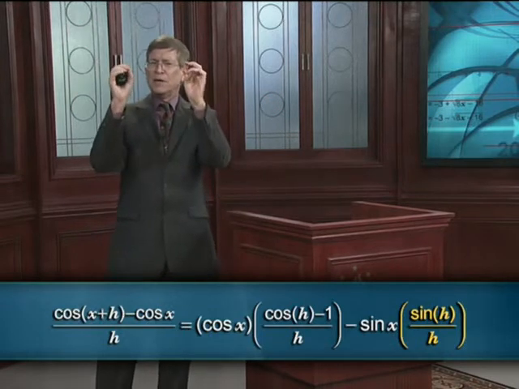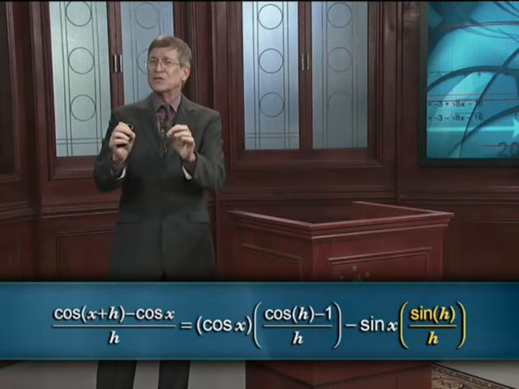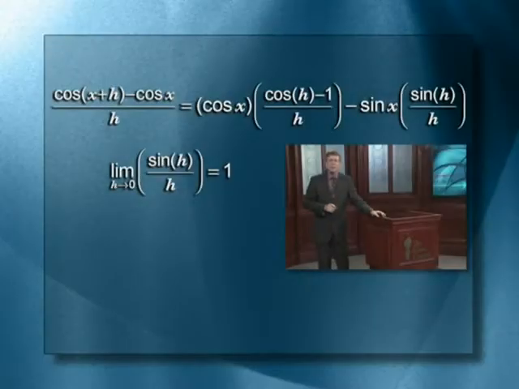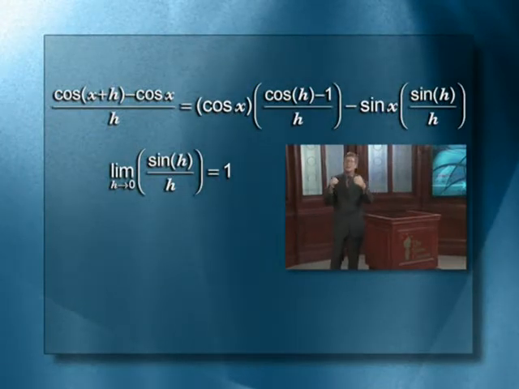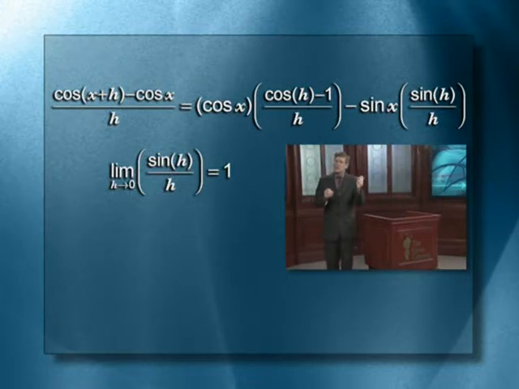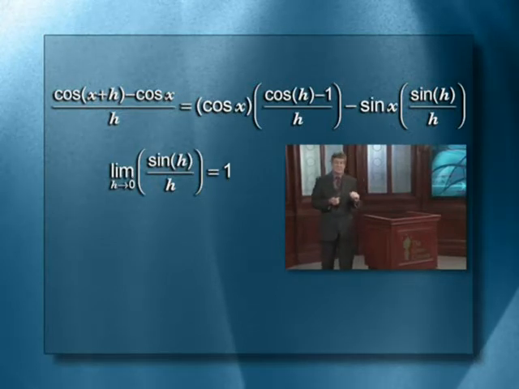Do you remember what sine x over x was when x was really, really small? Yes, it was close to 1. Remember, we used that limit notation? The limit was 1. Even though it's not defined when h is 0, when h is close to 0, that quotient gets closer and closer to 1.